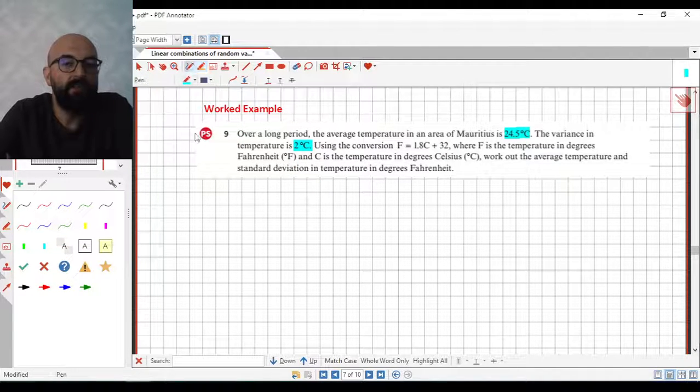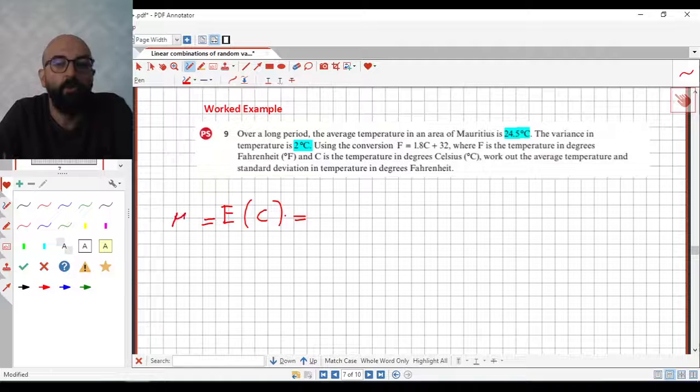So the expectation of Celsius, which means the average or mu, is 24.5, and the variance of Celsius is 2.